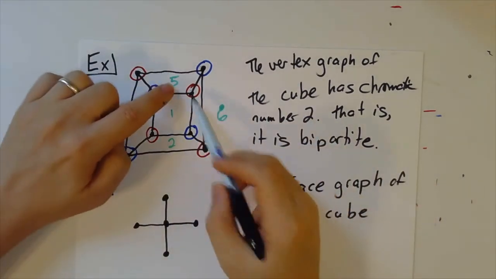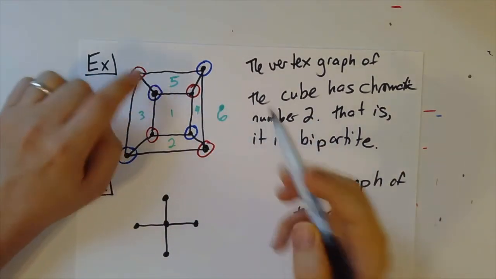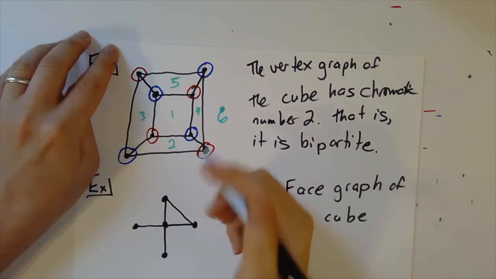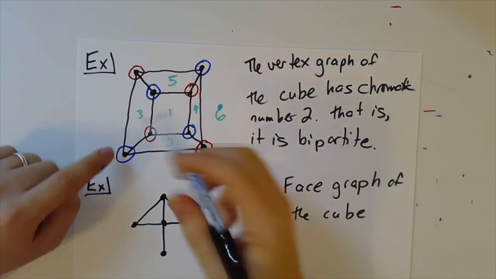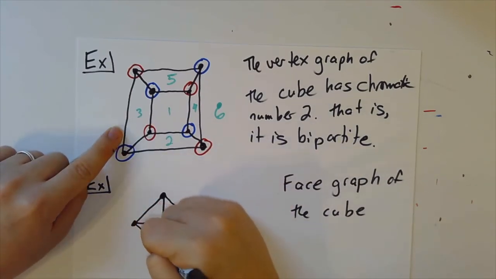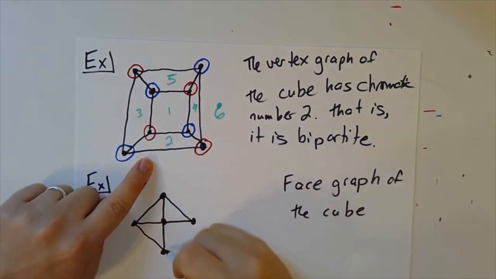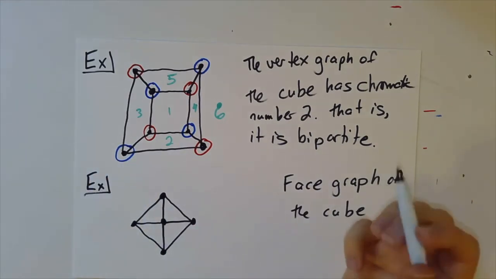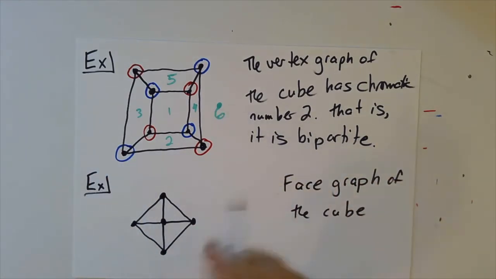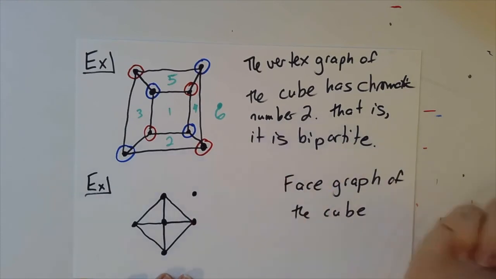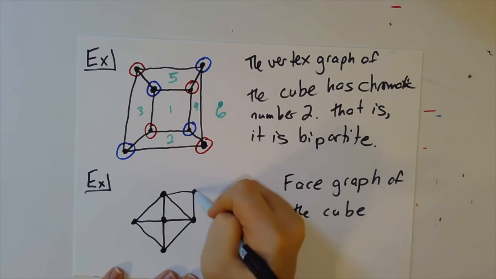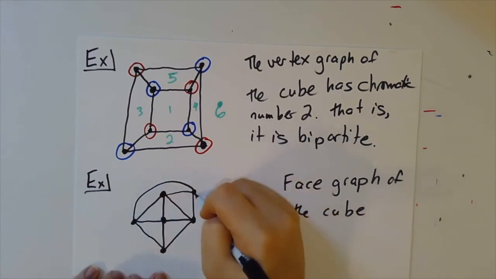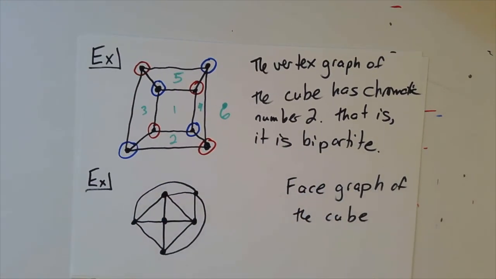On the other hand, also 5 and 4 are connected, and also 5 and 3 are connected, and also 2 and 3 are connected, and also 2 and 4 are connected. And then this outside face is adjacent to actually all of these. So we end up with this graph.